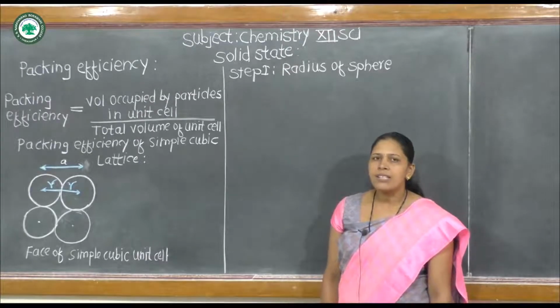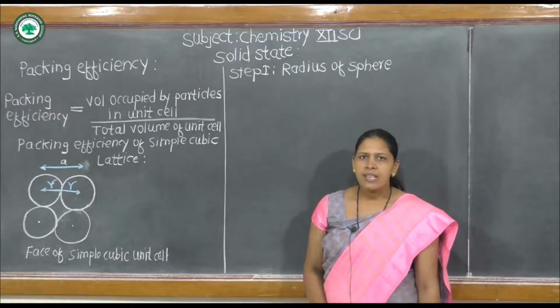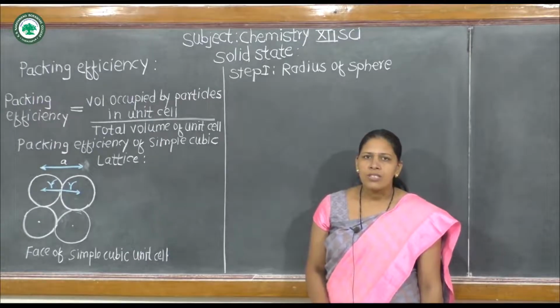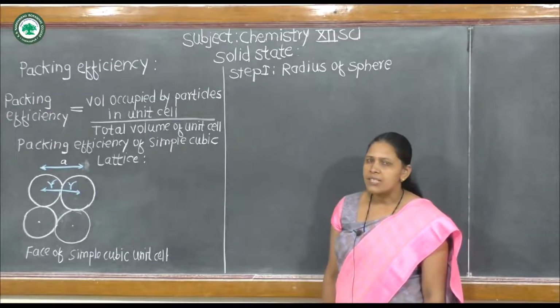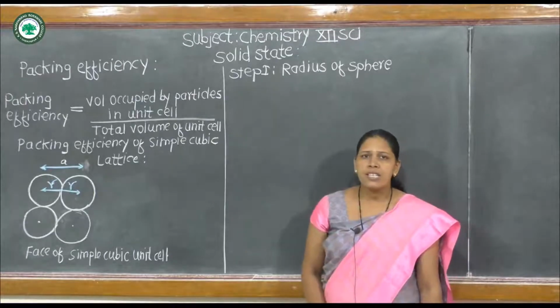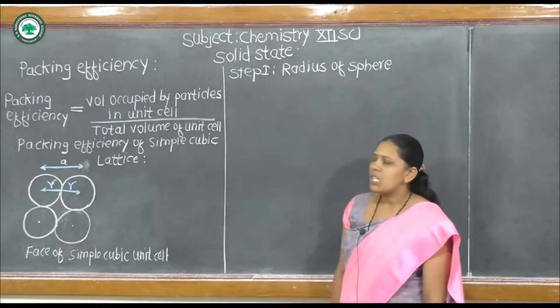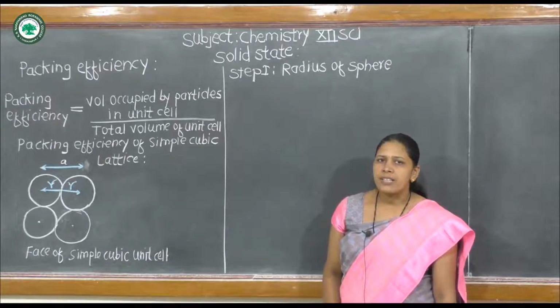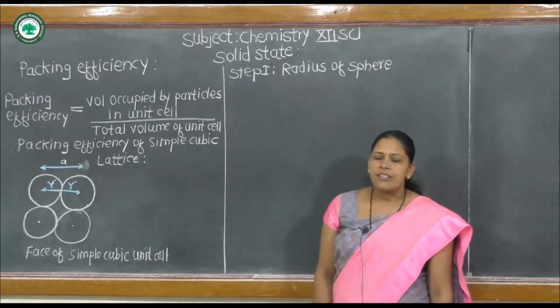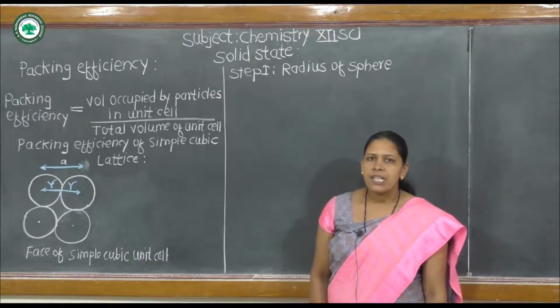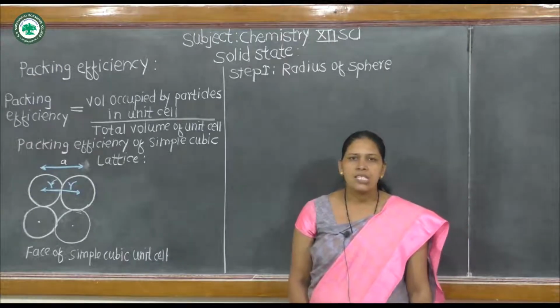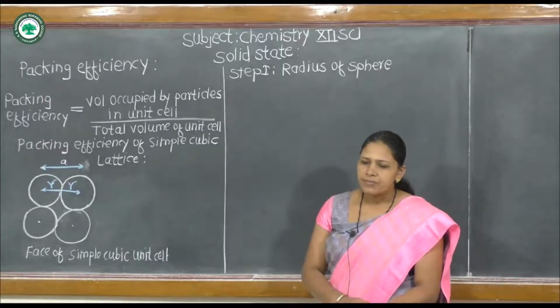That one particle is placed at the 8 corners of the simple cubic, that is, each particle is shared with the neighboring 7 unit cells. Therefore only 1/8th of a particle is present at each corner, and the total number of particles present in a simple cubic unit cell is only 1.